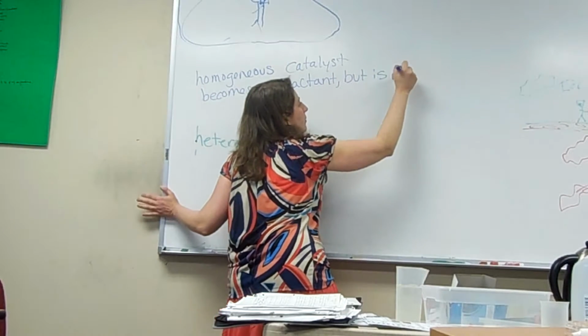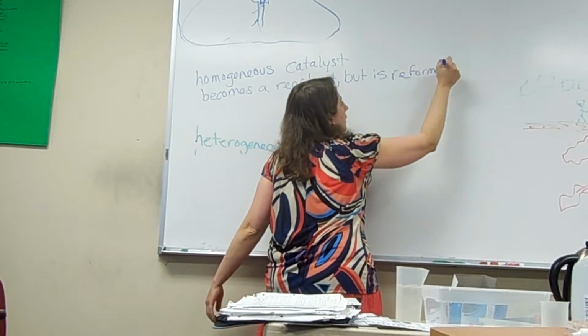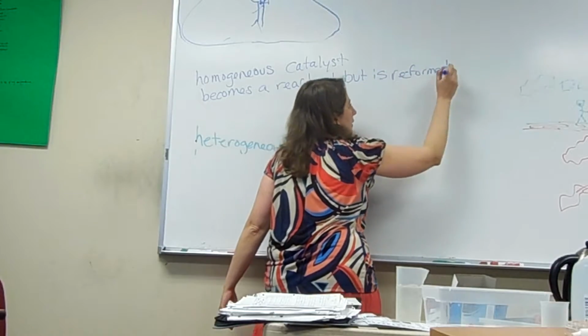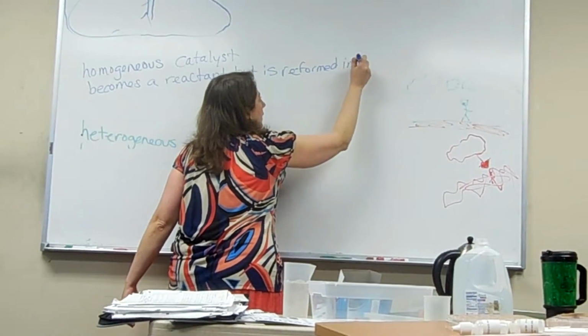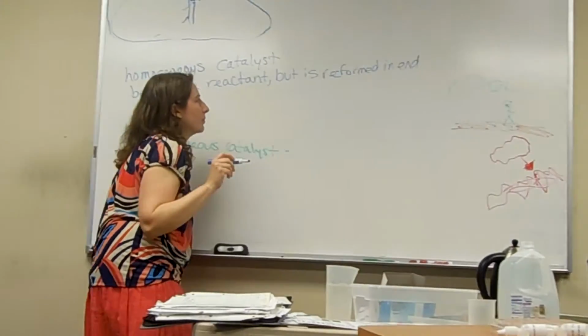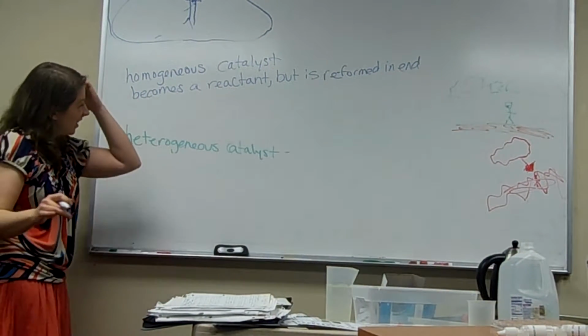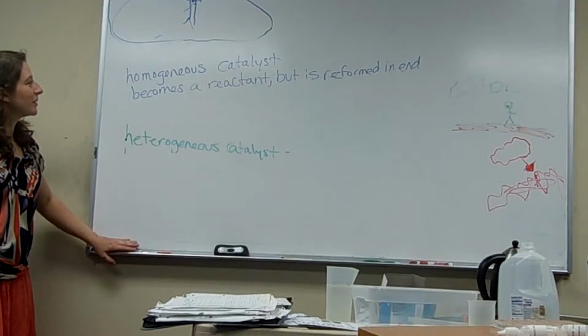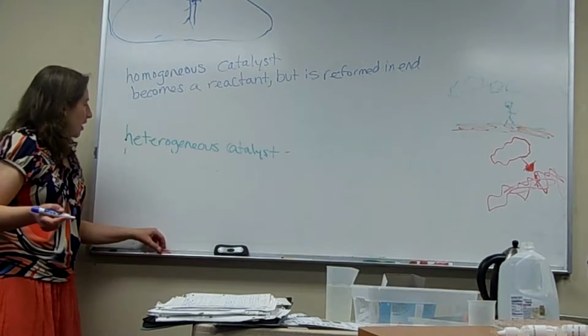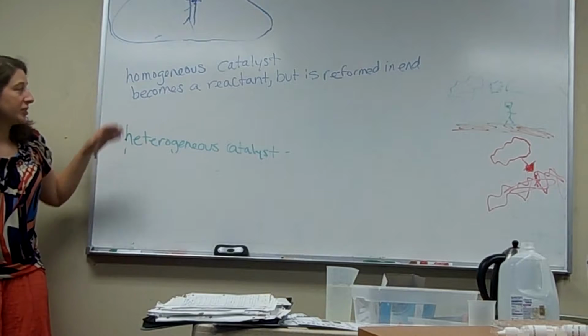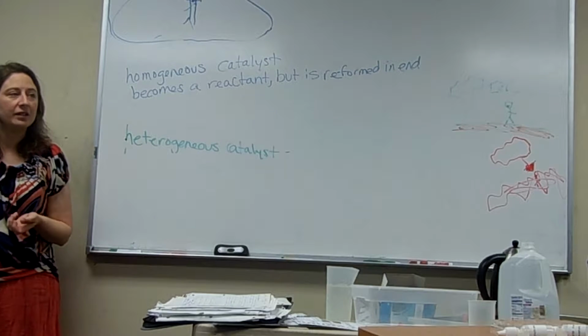But is reformed in the end. Not reformed in the religious sense, but actually reformed. Becomes a reactant, but is reformed in the end. What do we know about homogeneous catalysts besides that?